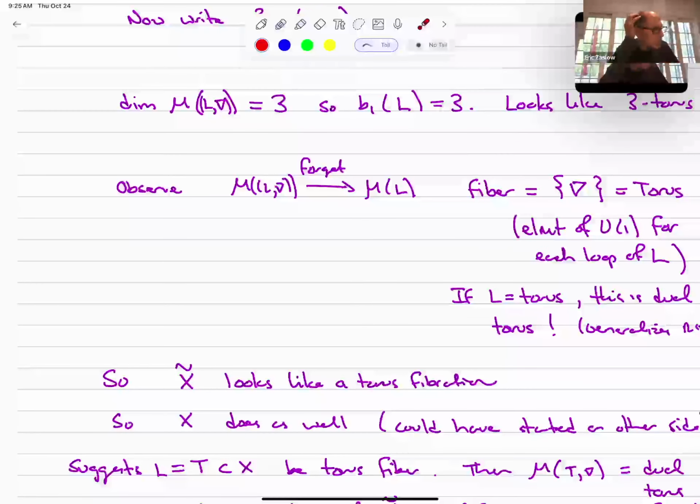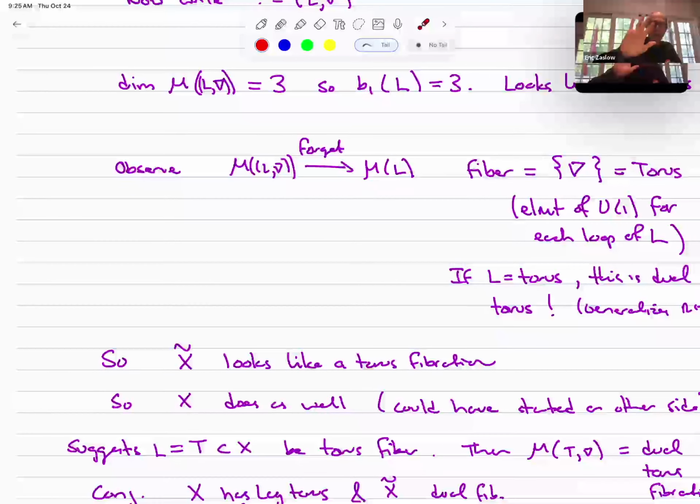So this suggests that the mystery brane is itself a torus fiber of the torus fibration, because then it would have a 3-dimensional family of branes. And as you construct its moduli, the moduli of that torus fiber as a brane is the dual torus fibration.